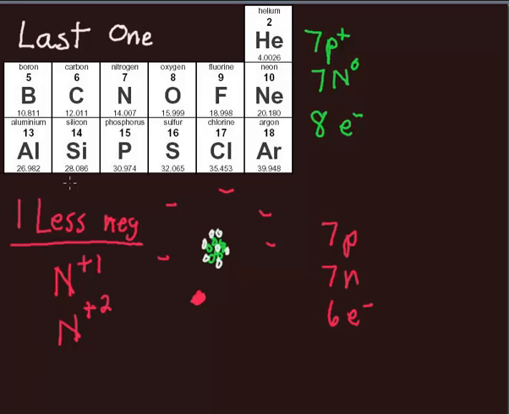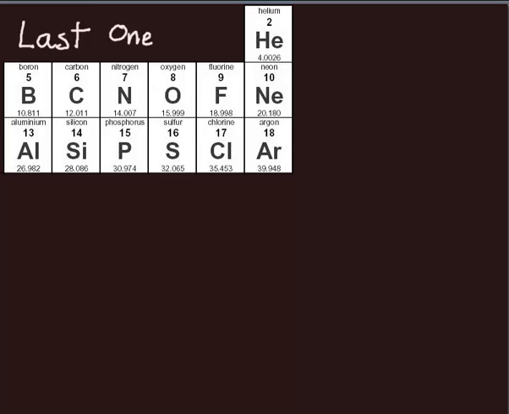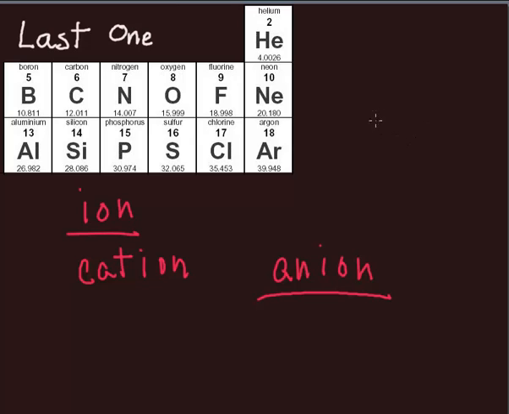There's an easy way to remember this. There are two types of ions. One's called a cation, and the other one is called an anion. The anion is the negative charge.